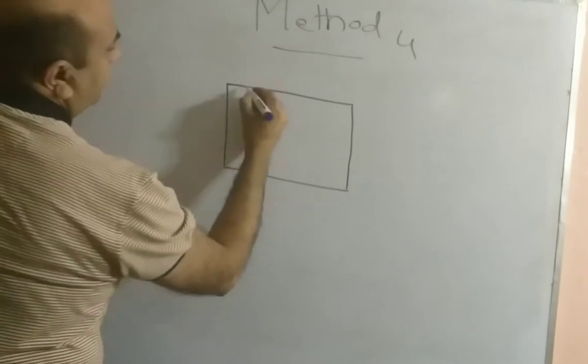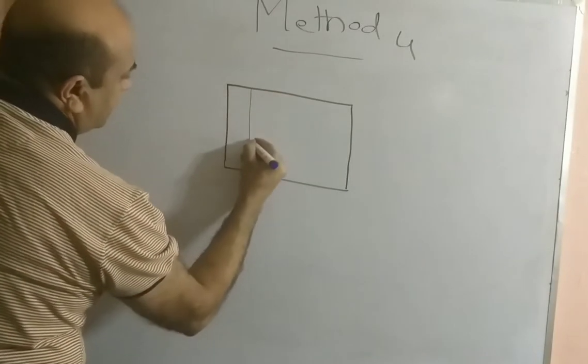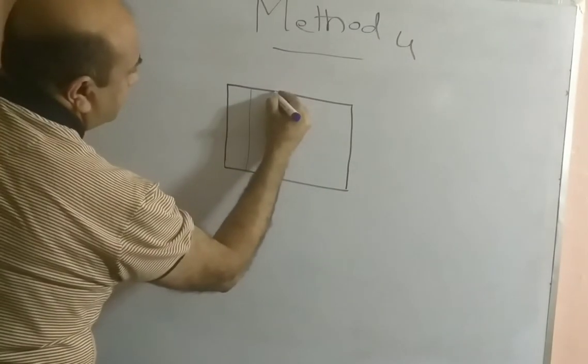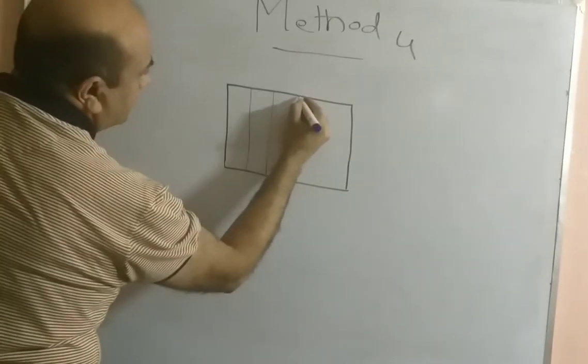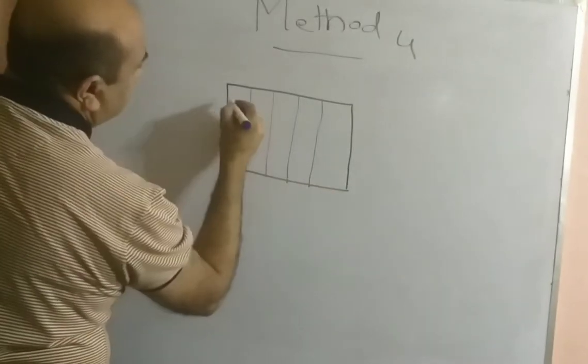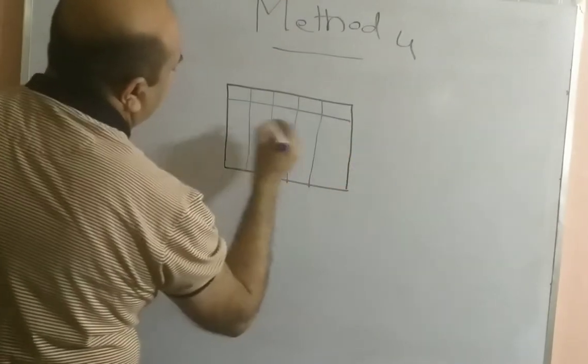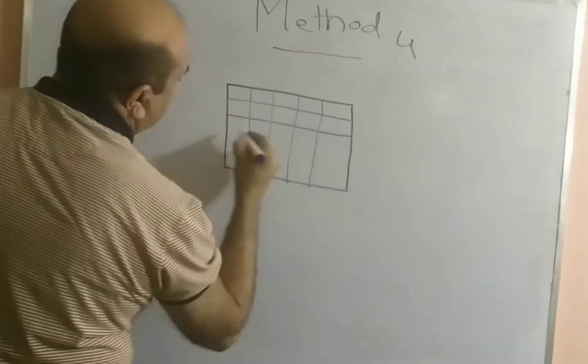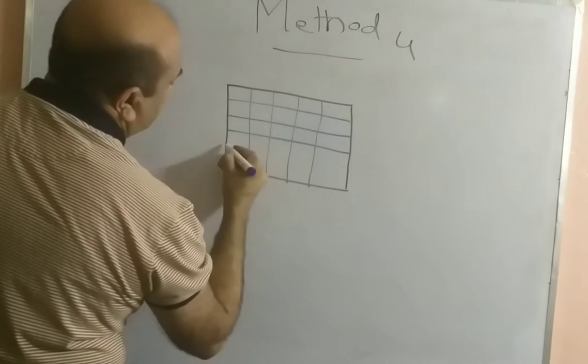It has got 5 small boxes horizontally. So horizontally, there are 5 small boxes in a large box: 1, 2, 3, 4, 5.